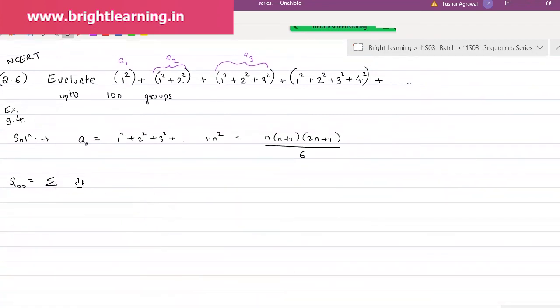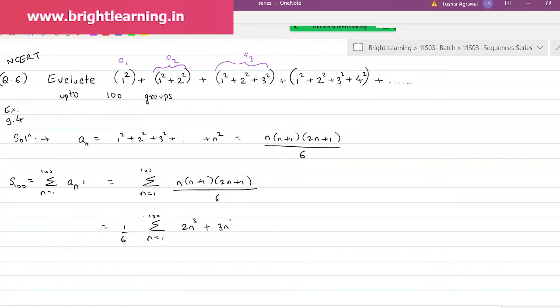Then the summation of an, n equal to 1 to 100. And how will you calculate? This is equal to summation of n into n plus 1 into 2n plus 1 upon 6, n equal to 1 to 100. So 1 upon 6 comes completely outside. Summation of n from 1 to 100, and then we'll expand this: 2n cube plus 3n square plus n.